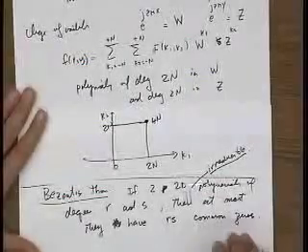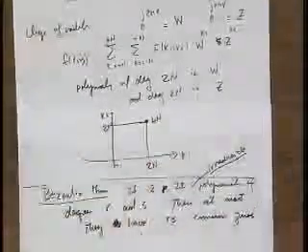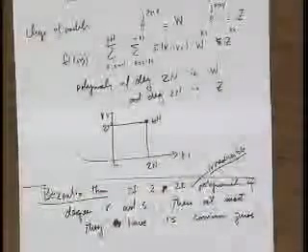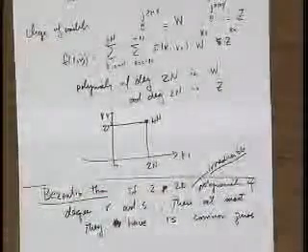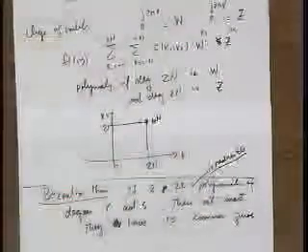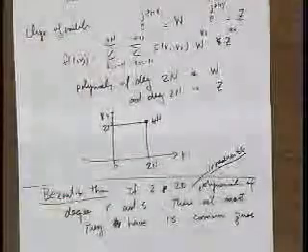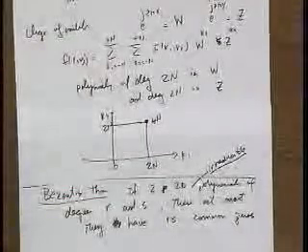And don't worry about the fact that we're talking about level crossing versus zero crossing, because if you have a regular signal, you can just shift it by a constant to make its level crossing a zero crossing. It's just a constant variation of it, so don't worry about it.